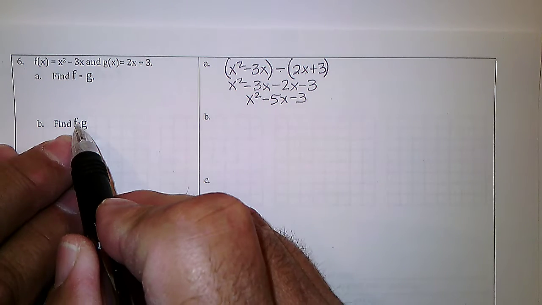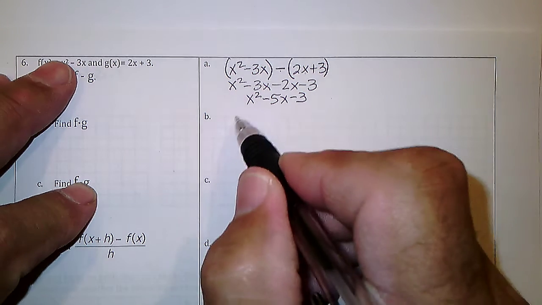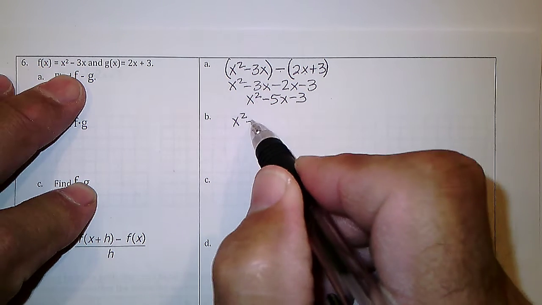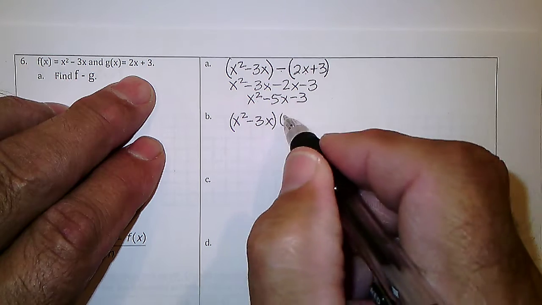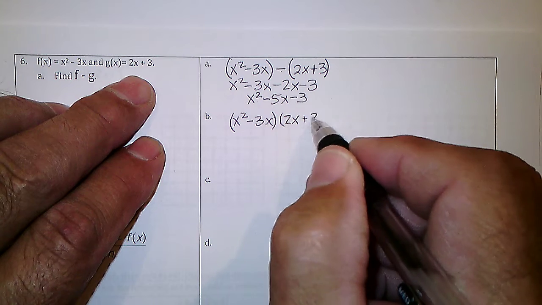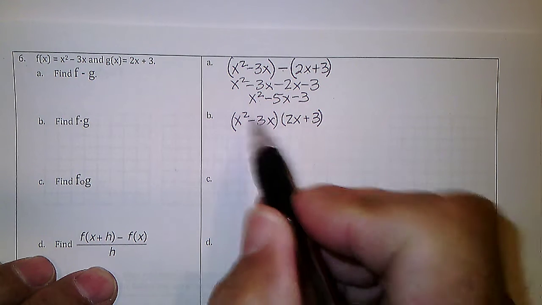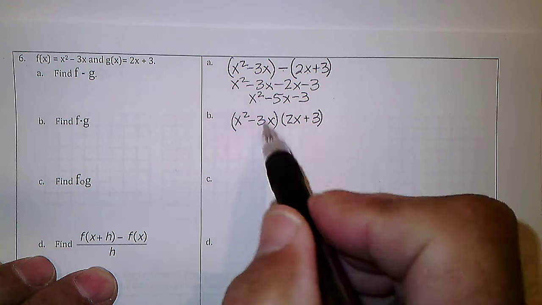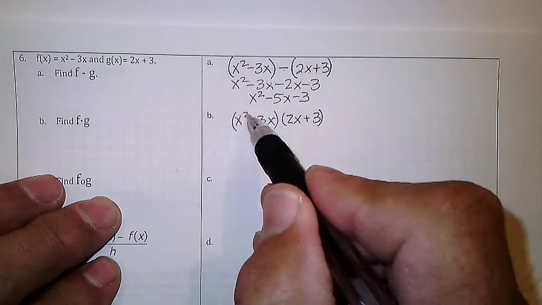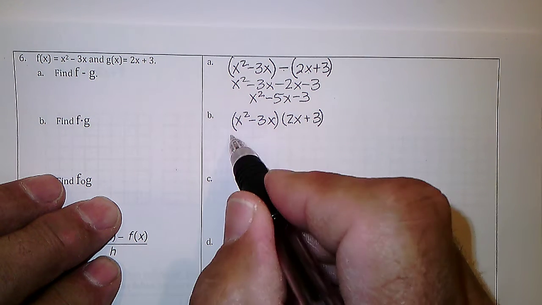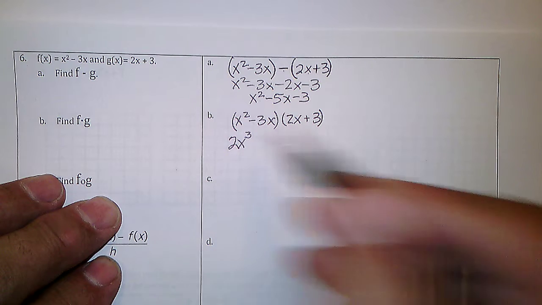That's a filled in dot, so this is multiplication. So I got to take f times g. So there's 2 here, so I got to do first, outside, inside, last. I got to do FOIL. I got to distribute all this. So x squared times 2x, that's 2x to the third.